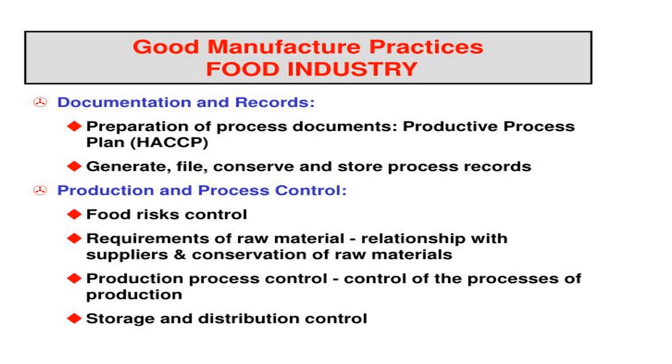The second aspect is production and process control, in which we should act on food risk control, requirements of raw material and relationship with suppliers and conservation of raw materials, production process control, which includes control of the processes of production, that is the process of making different food products. So this is always the most important aspect to control the quality. And then finally storage and distribution control. Storage and distribution is the last part, but it is very important to maintain the quality.